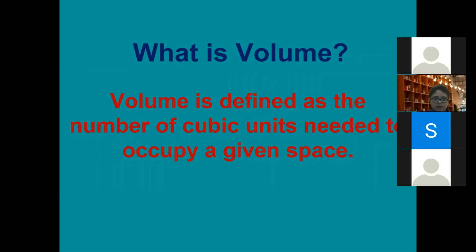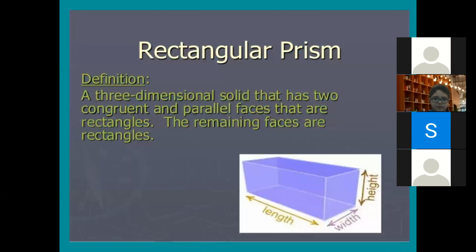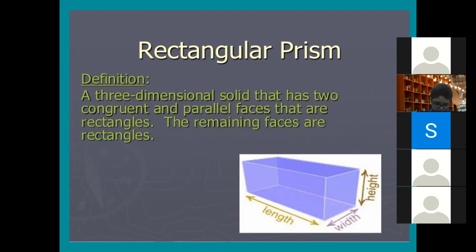Now let's see. This is the rectangular prism. For those who have missed the three-dimensional figure lesson, it's a three-dimensional solid that has two congruent and parallel faces that are rectangles, and the remaining faces are all rectangles. So it's like a cube, but in the cube the faces are squares, but in a rectangular prism the faces are in the shape of a rectangle.